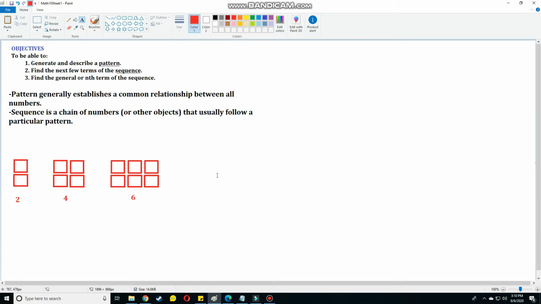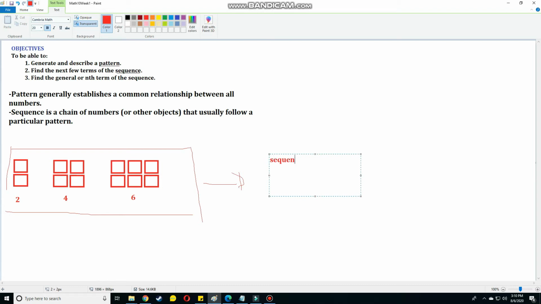And when we say sequence, they are treated as one. These boxes, as one, are considered a sequence.